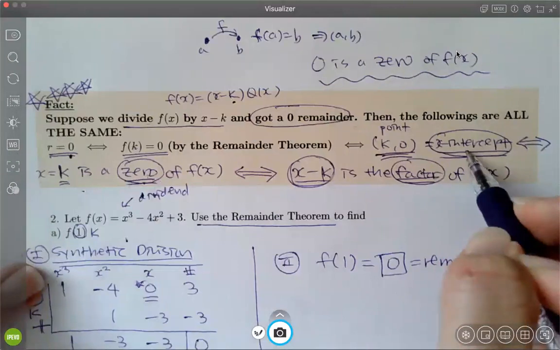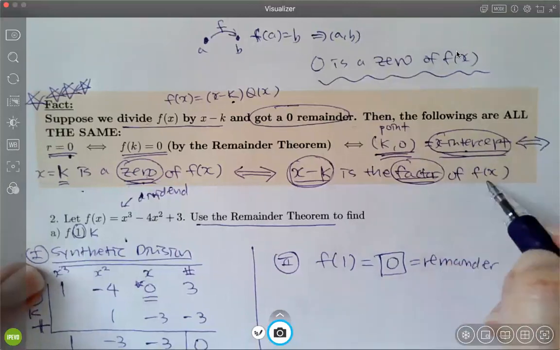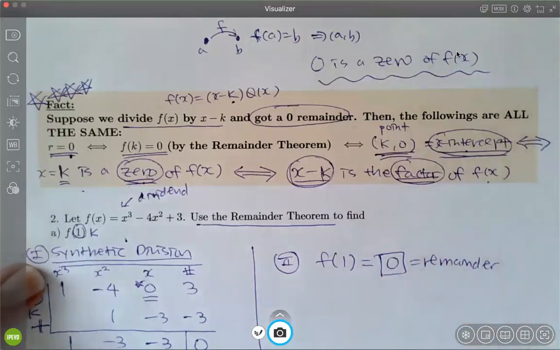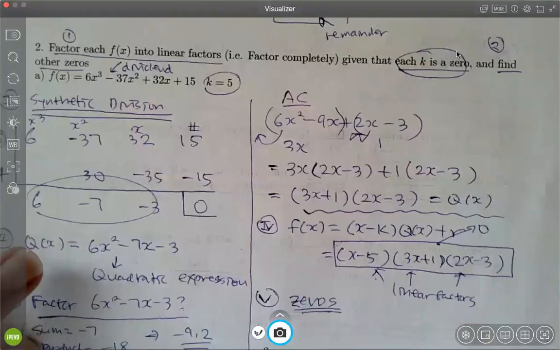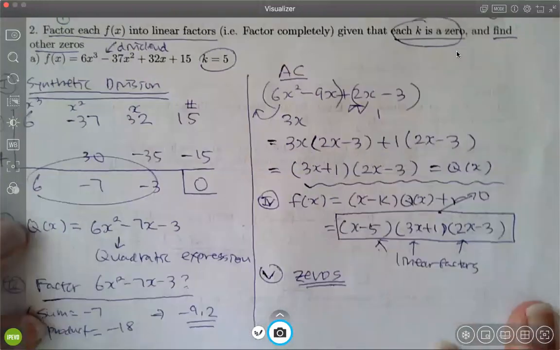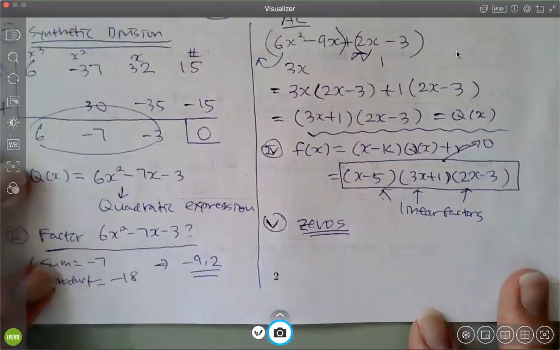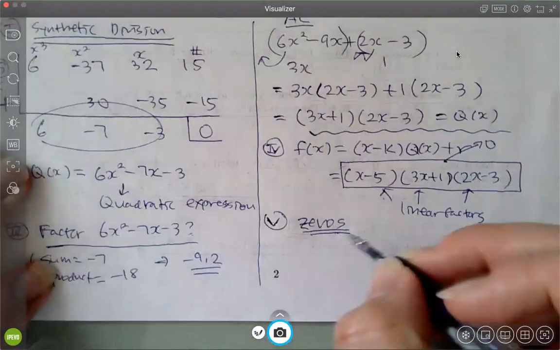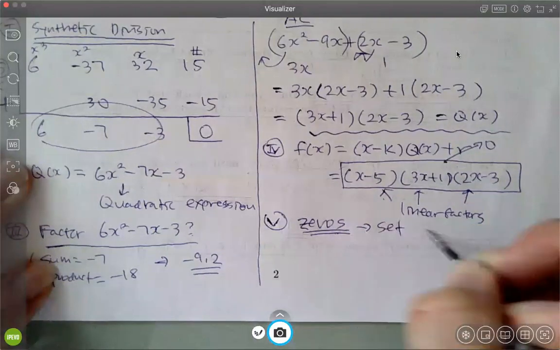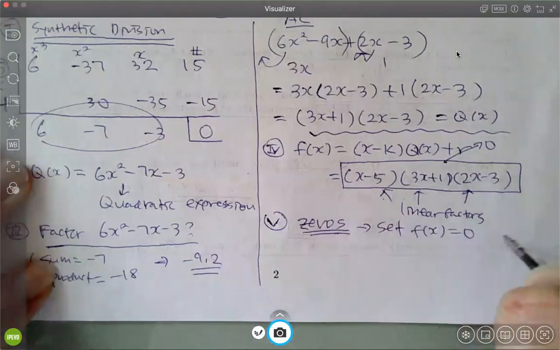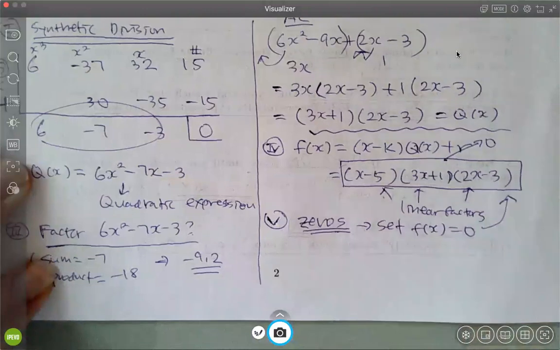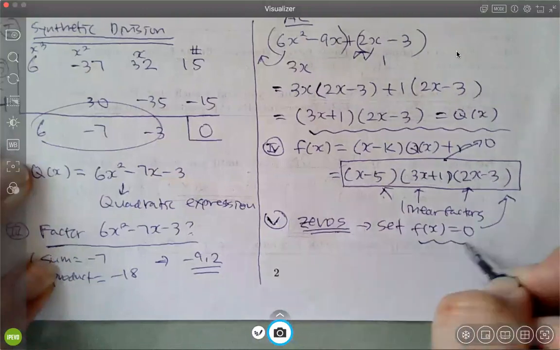Set y equals 0, and y is the same thing as f of x, right? So to find zeros, you set this whole thing f of x equals 0, which is exactly the same as finding the x-intercept.